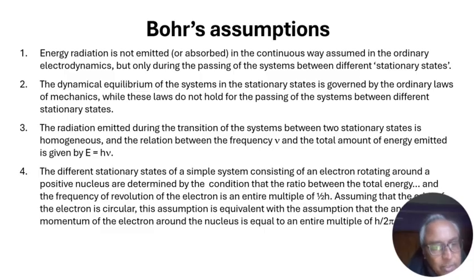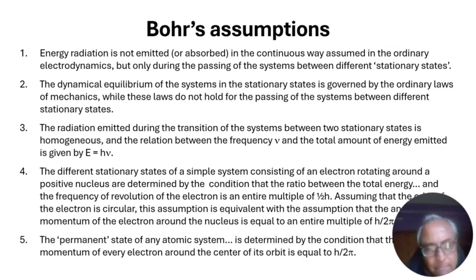Assuming that the orbit of the electron is circular, this assumption is equivalent with the assumption that the angular momentum of the electron around the nucleus is equal to an entire multiple of h by 2 pi. Number 5, the permanent state of any atomic system is determined by the condition that the angular momentum of every electron around the center of its orbit is equal to h by 2 pi.